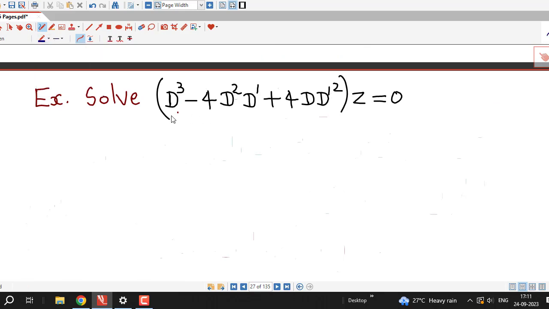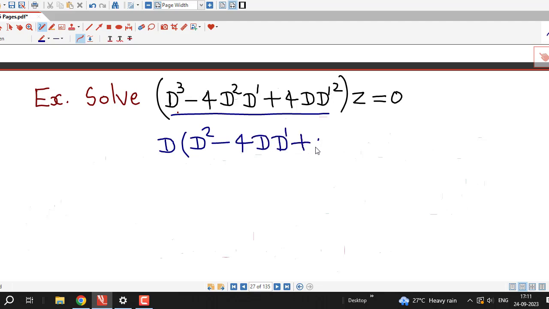Suppose we consider this differential equation, D cube minus 4 D square D dash plus 4 D D dash square z equal to 0. So here we can see we can take D common, and we are left with D square minus 4 D D dash plus 4 D dash square z equal to 0.